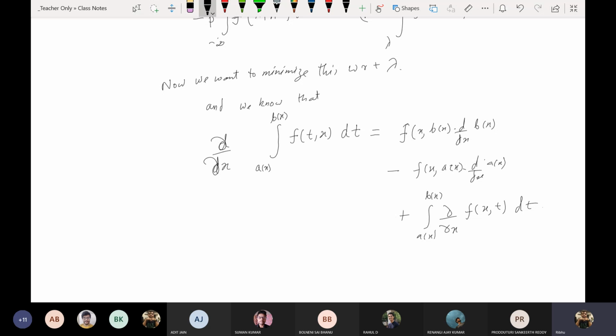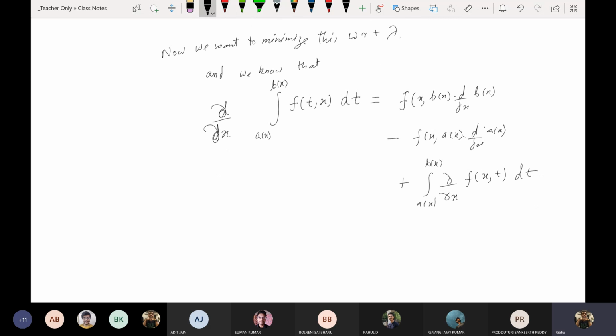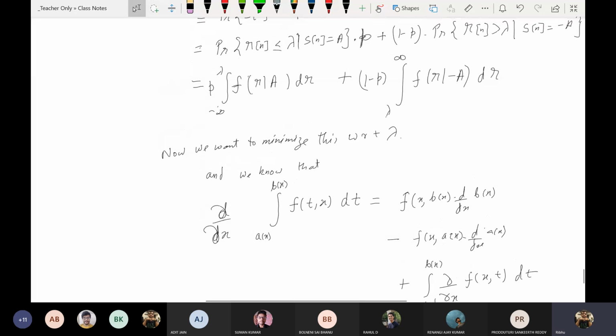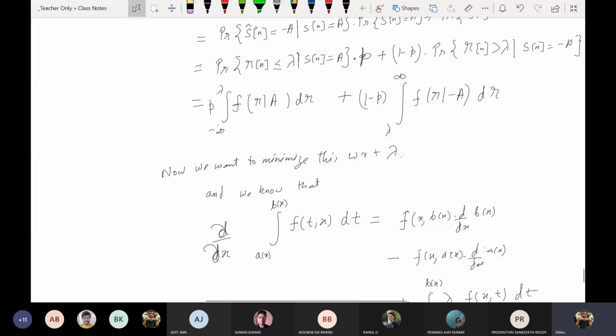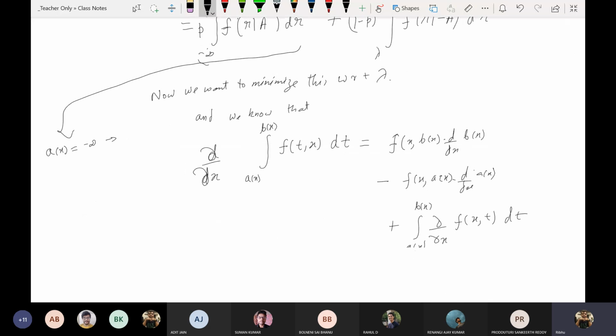And this is the Leibniz integral rule, and based on this, if I look at the first term, a(x) equals minus infinity, so the derivative is 0, which means this term is 0.